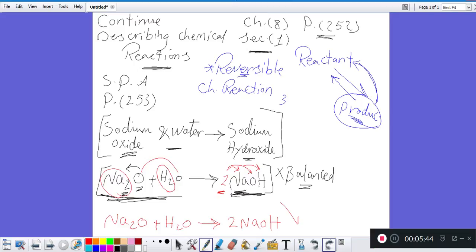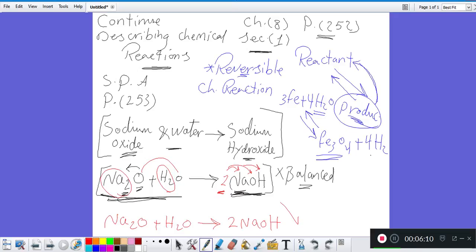So, as an example of something like that, 3Fe, we have 3 iron atoms reacting with 4 molecules of water. That is going to produce iron oxide Fe3O4, or iron tetroxide, plus 4 hydrogen molecules. But we can say this is a reversible reaction. Why is it a reversible reaction?